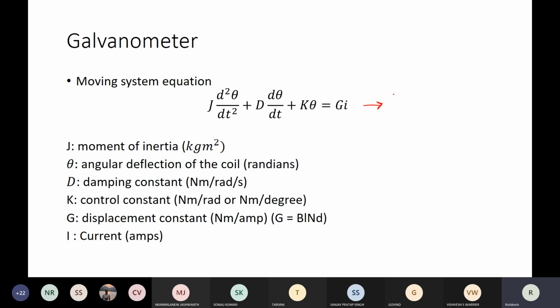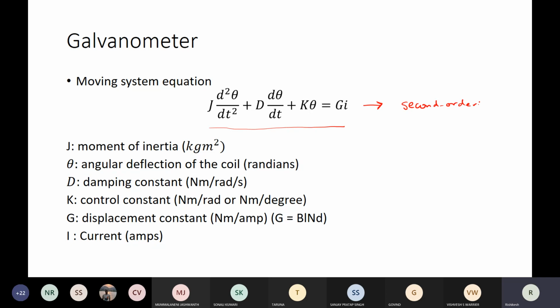If you remember our discussion on the dynamic characteristics of instruments, which equation does it represent? Second order.